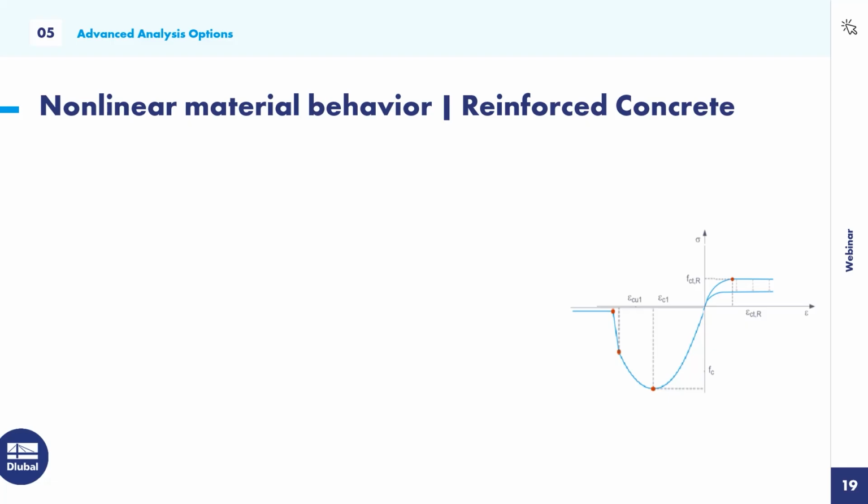Let us go to the advanced analysis options which we have in RFEM 6: the nonlinear material behavior for reinforced concrete. How was it in RFEM 5? In RFEM 5, you had to activate the additional add-on RF-CONCRETE NL.